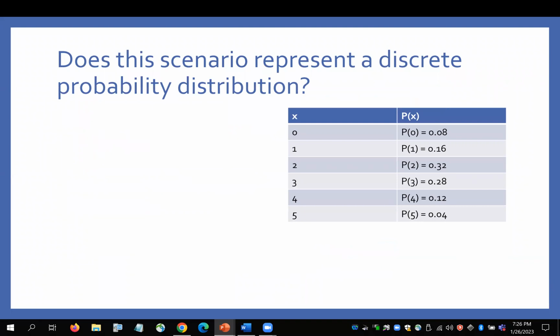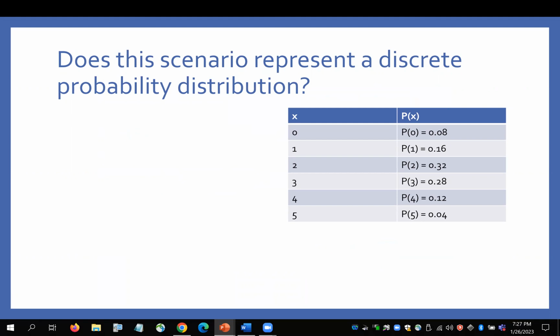So we're going to take a look at some examples similar to the questions that you might see on your homeworks, on your midterm related to discrete probability distributions.